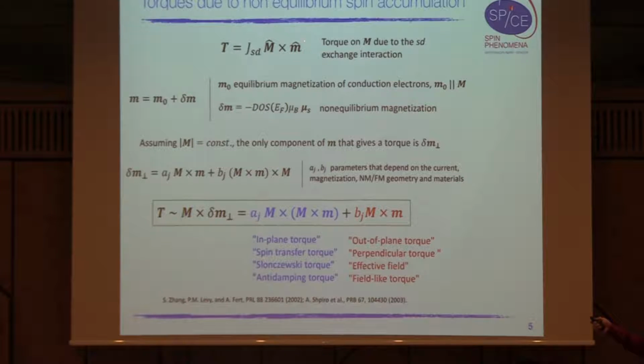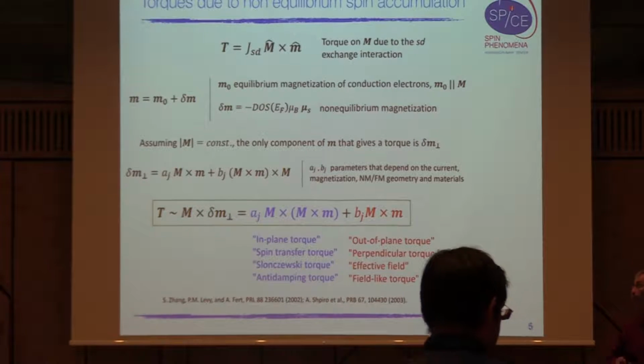So the torque itself, due to the carriers interacting via the s-d interaction with the local moments, is going to give you a torque. Now only the component perpendicular to the magnetization is going to create a torque.